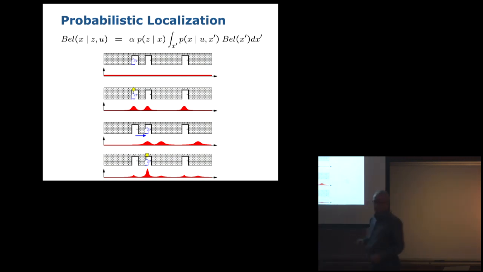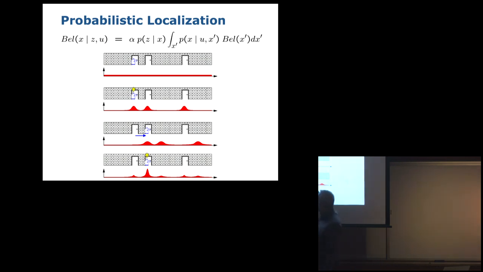And you can regard this as a convolution operation. It's basically this integral that you see on the right-hand side. What we're doing is we're taking our current belief and convolving it with this transition model. We are basically calculating for every position, taking the belief that we have been at another position before, and multiplying this with the transition model that we end up in X, given we were in X prime before.